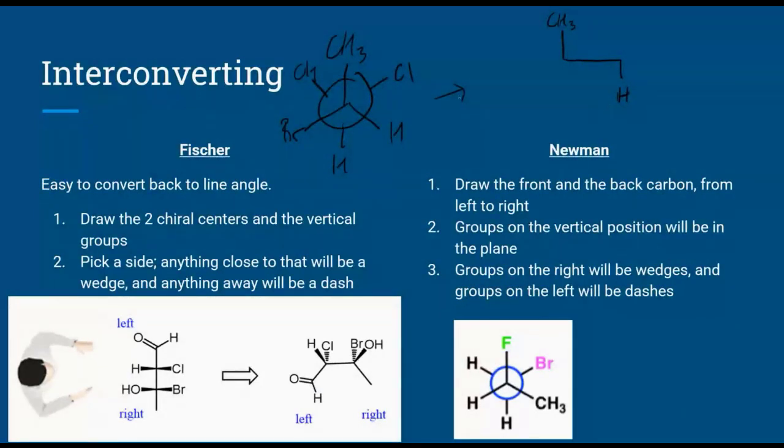So now if I'm looking at it from this direction, I notice that the Cl and the hydrogen are on my right side. So if they're on my right side, that means they're going to be wedges like this. Oh, sorry, that's the wrong one.